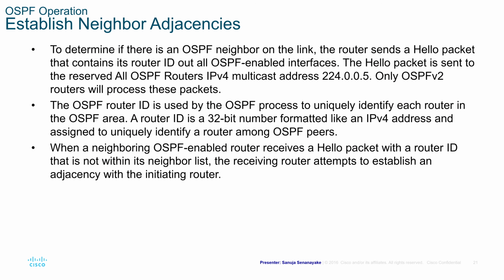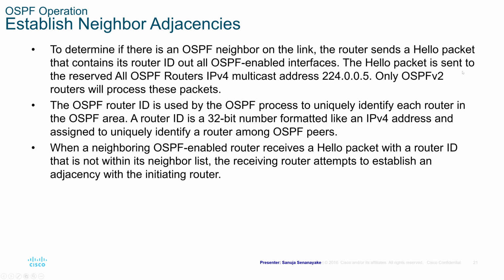Establish neighbor adjacencies. To determine if there is an OSPF neighbor on the link, the router sends a hello packet that contains its router ID out all of its OSPF enabled interfaces.